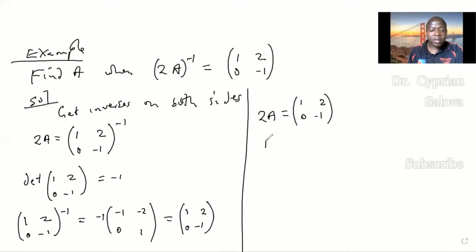So that means that A, dividing both sides by 2, would give us a half, 1, 0, and negative a half. So that is our A. Now let me give you some questions for you to try before we proceed with other examples.